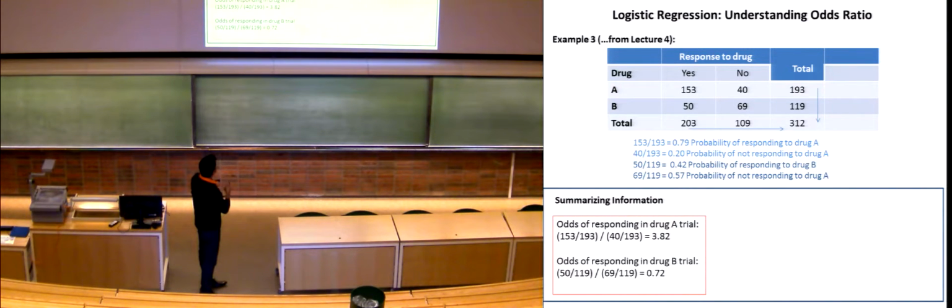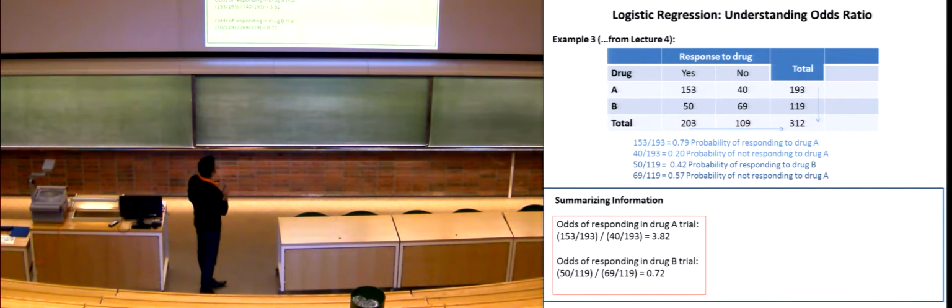Furthermore, we can use this information to say that the odds of responding in the drug A trial is the probability of responding in drug A divided by the probability of not responding in drug A. That is the odds of responding in drug A trial.